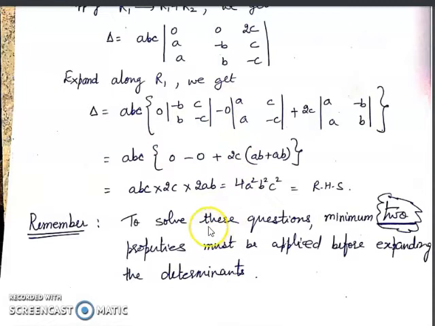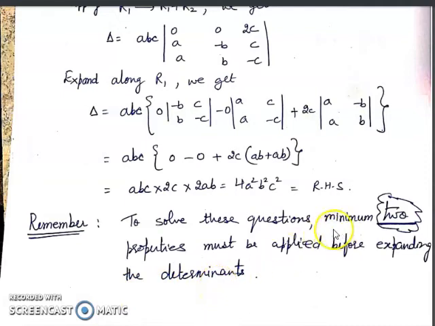But try to solve this so that you get maximum number of zeros in one row and in one column. And to solve this question, minimum 2 properties must be applied before expanding the determinant.